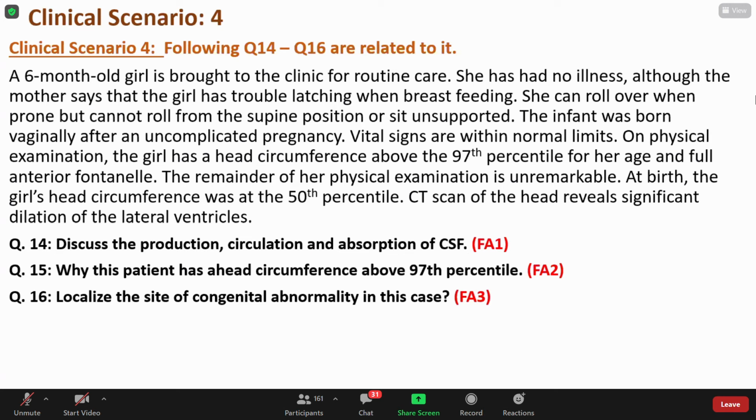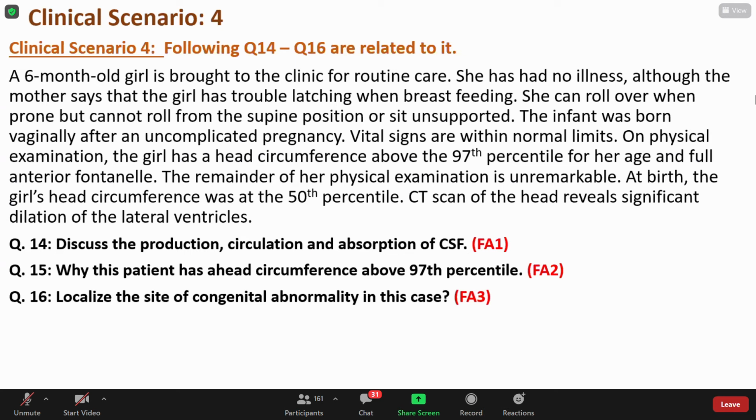And then if we start with the lateral ventricles, the cerebrospinal fluid is going to move from the lateral ventricles into the third ventricle through the foramen of Monro. And then from the third ventricle into the fourth ventricle using the central aqueduct of Sylvius. And then from the fourth ventricle, there are three ways that it can go.